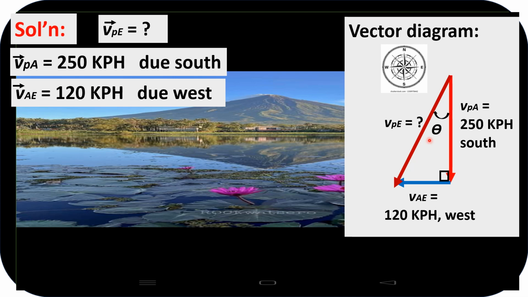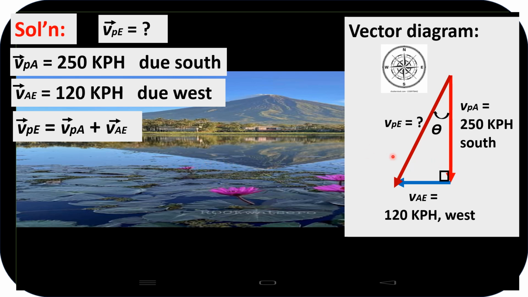To find the magnitude of the resultant velocity of the airplane relative to the Earth, that's our target variable v sub PE, we just use our formula for vector addition. Vector v sub PE is just equal to the vector v sub PA plus the vector v sub AE.